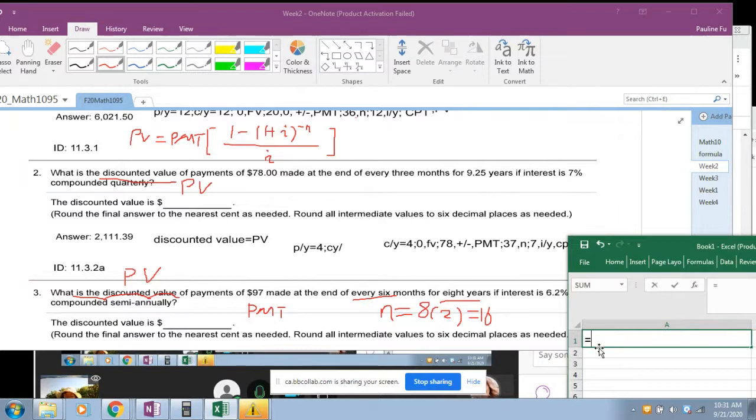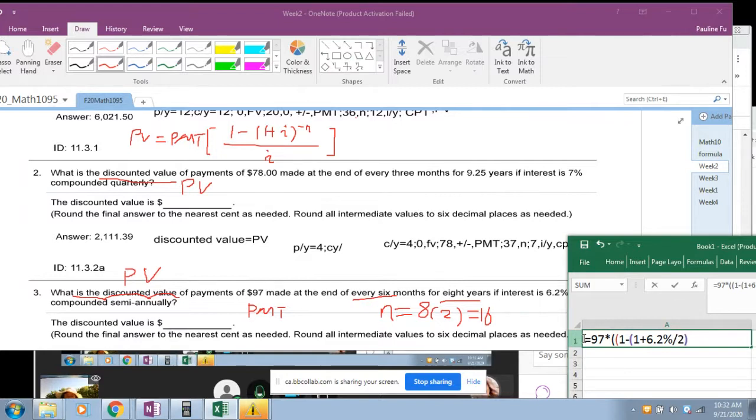So equal PMT. PMT is 97 times opening bracket. Another opening bracket is for something on the top. The formula on the top, you put bracket. Okay. So 1 minus bracket 1 plus I is 6.2% divided by 2 because interest is compounded semi-annually.